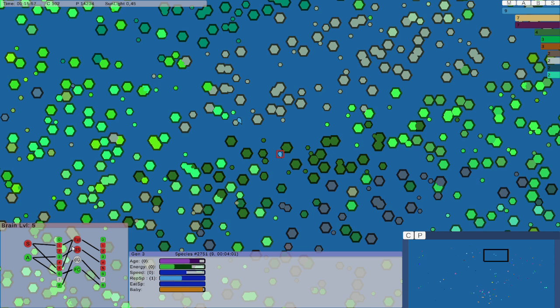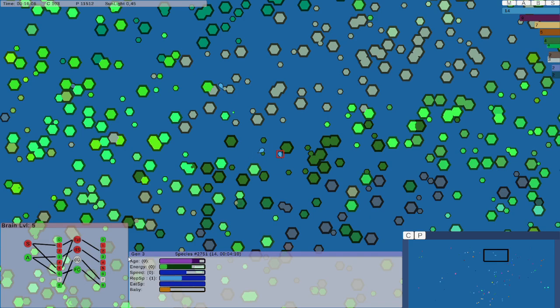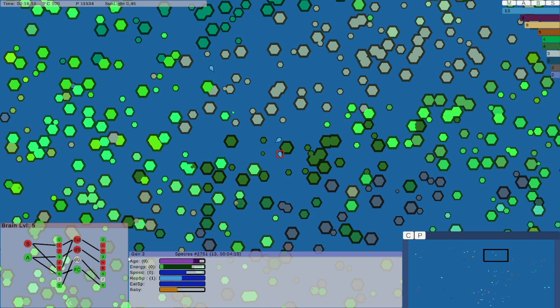We can also see that the speed is tied to their eating speed, which means that during all of their life they are eating as fast as they can, and they also have a bonus in reproductive speed, so my guess is that those are going to do really well.